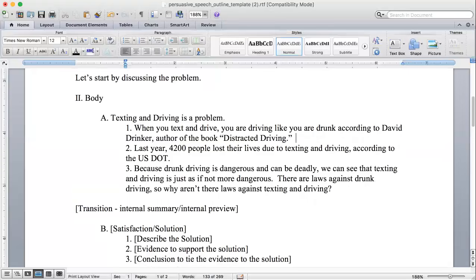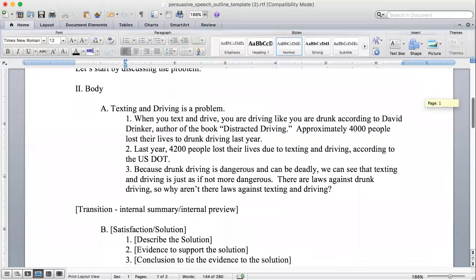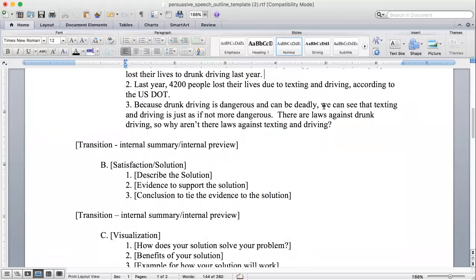We could say approximately 4,000 people lost their lives to drunk driving. And so we can make that connection then between those two to show us why texting and driving is a problem. And this is a great summary into, let's look at the solution.